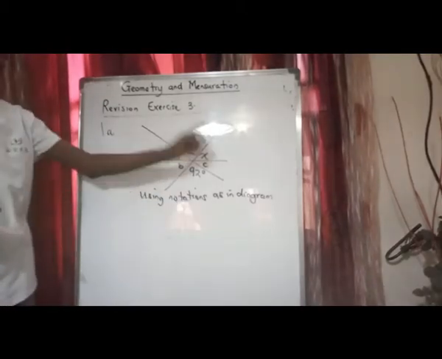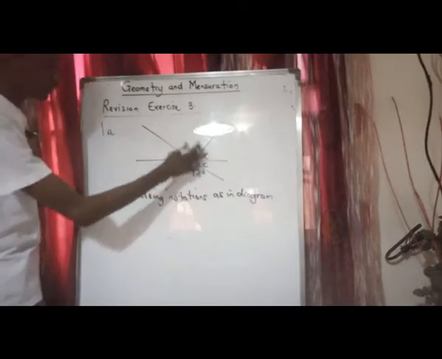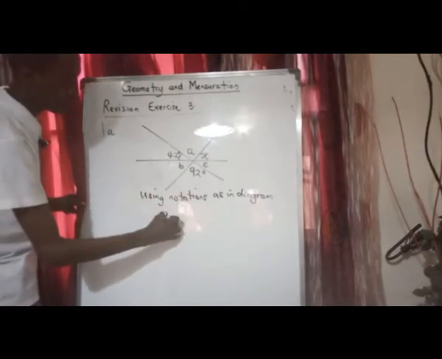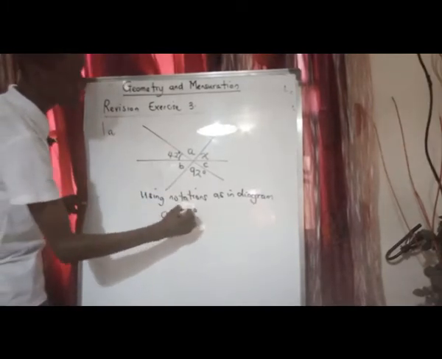You're going to see the importance of this technique much later. So using notation as in diagram, I start with the properties I can easily identify. You discover that from this diagram, A is equal to 92 degrees.